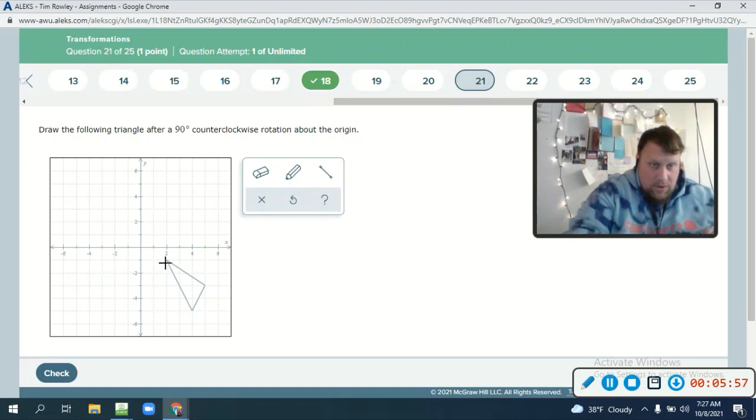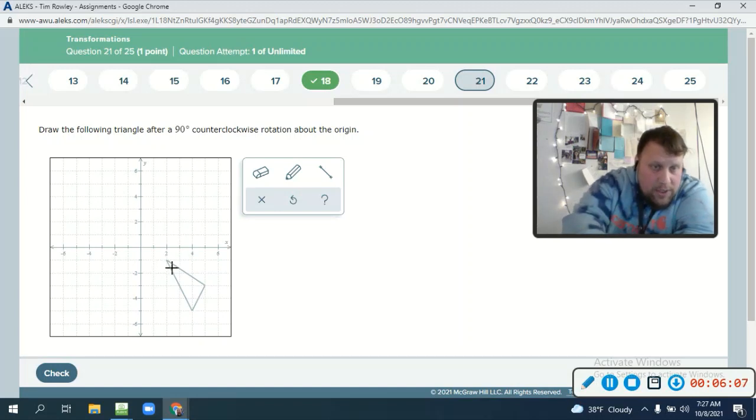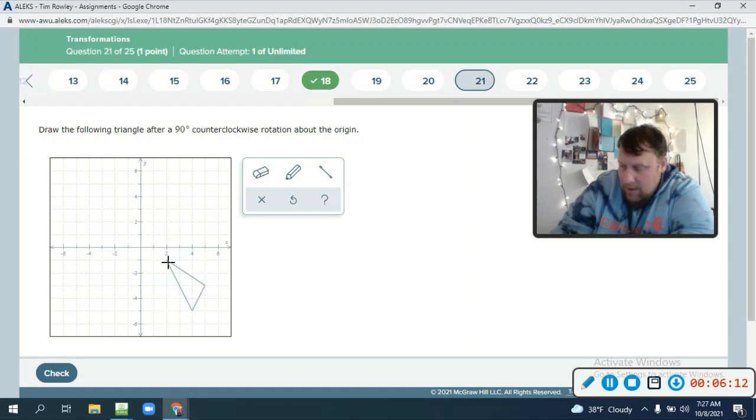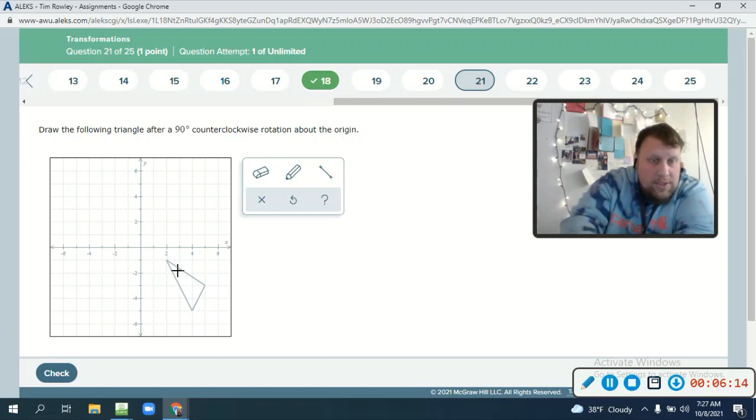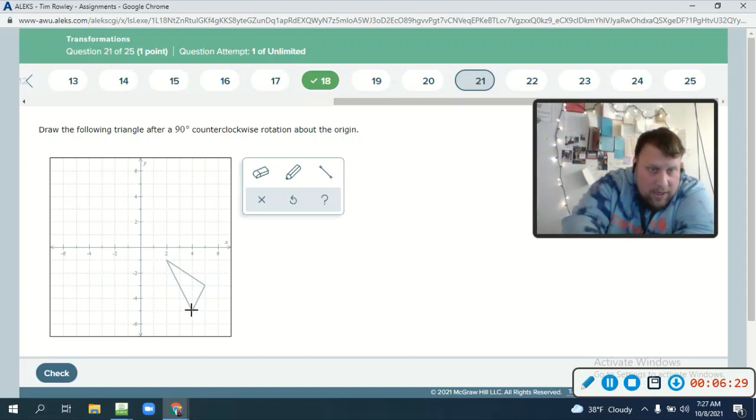Number 1, we have the coordinate of this vertex of the triangle, which is 2, -1. I'm writing these down, and we'll look at them in just a second. I have the coordinate of this vertex right here, which is 5, -3. And the coordinate of this vertex is 4, -5.